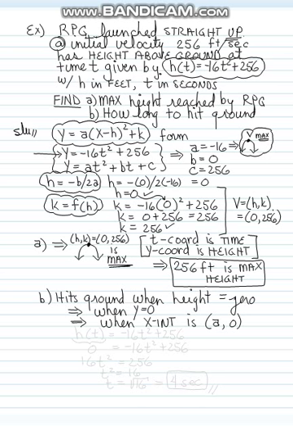well, we can actually use the equation that we originally had. Our original equation was h of t equals negative 16t squared plus 256. And we're going to let the height equal 0.